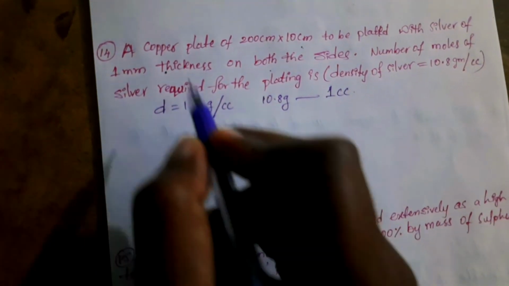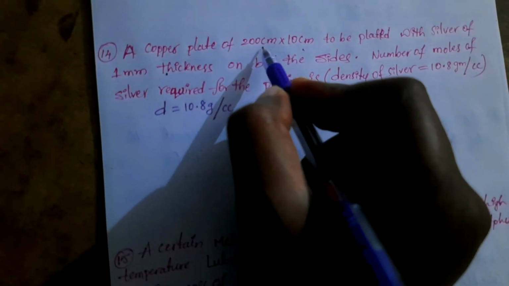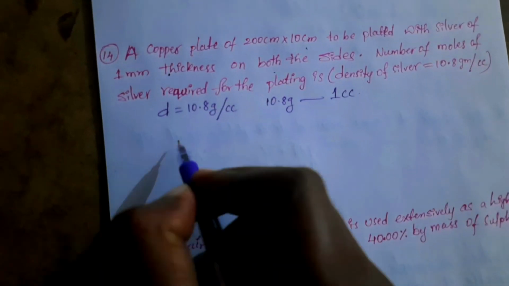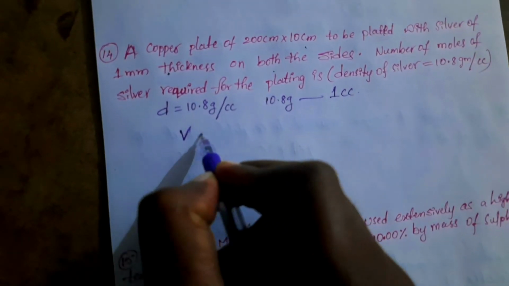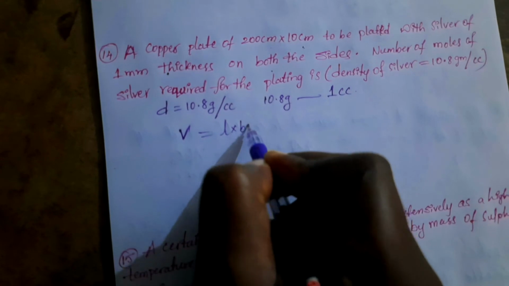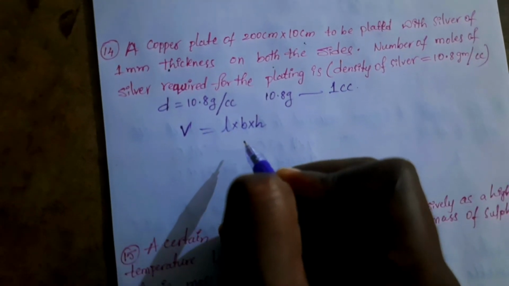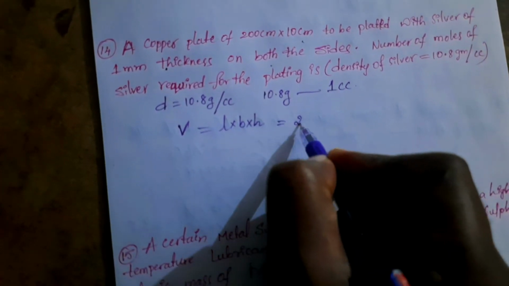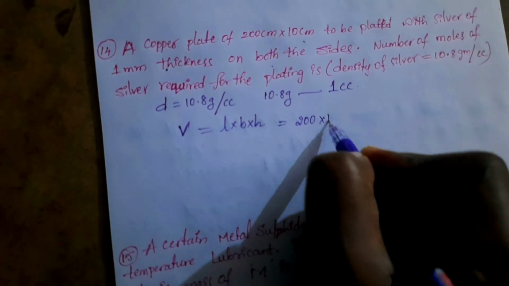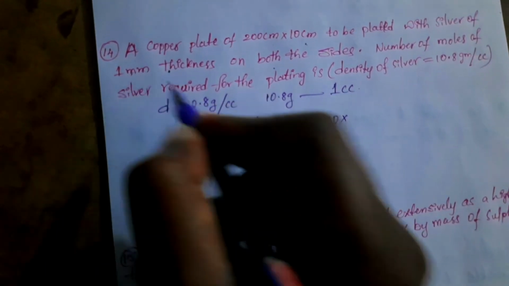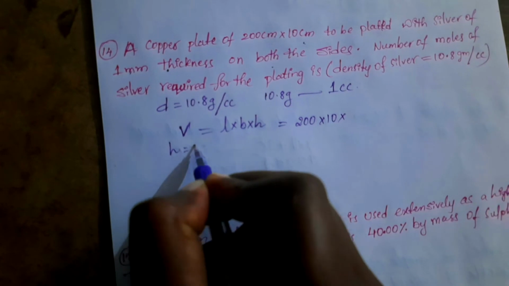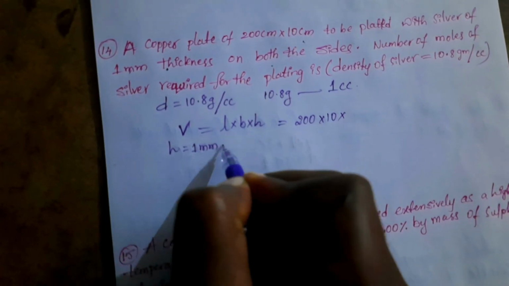Now you see here they have given the copper plate, its length and its breadth. So volume, how will you get? Volume is equal to L into B into H. Length into breadth into H. Length is 200, breadth is 10, and its height is 1 millimeter thickness they are saying.